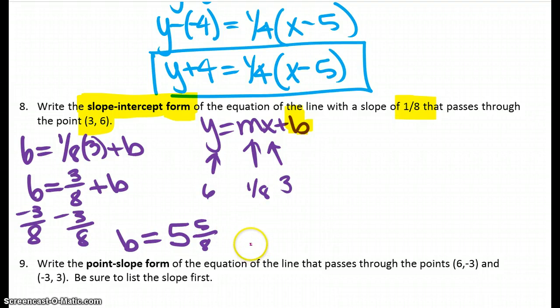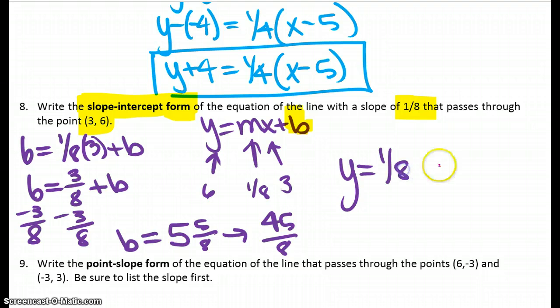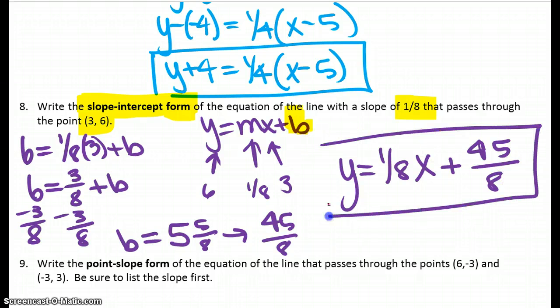You can either keep it that way or you can write it as an improper fraction, which would be 45/8. So the slope-intercept form of this equation is y equals 1/8 x plus 45/8. That is tricky. Pay attention to what type of form they want your equation in.